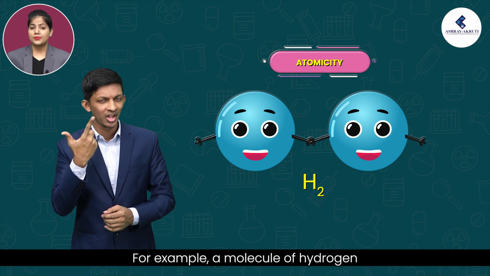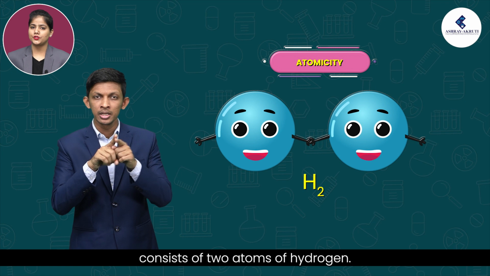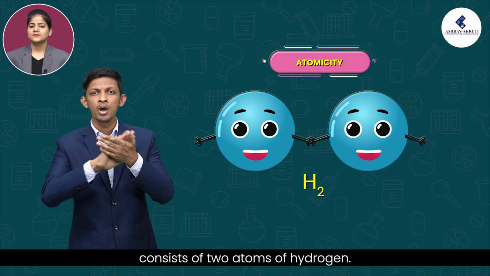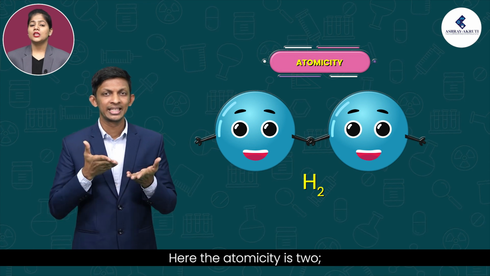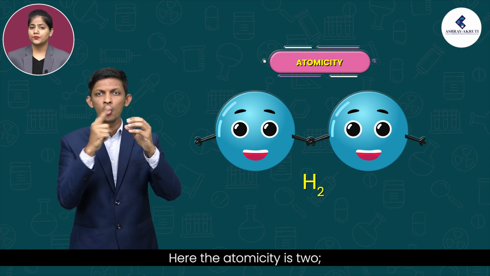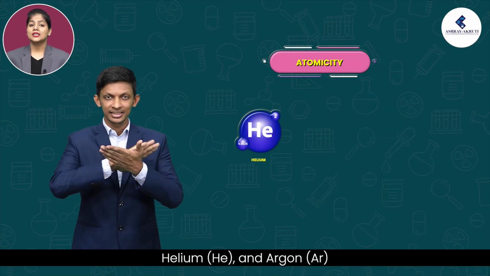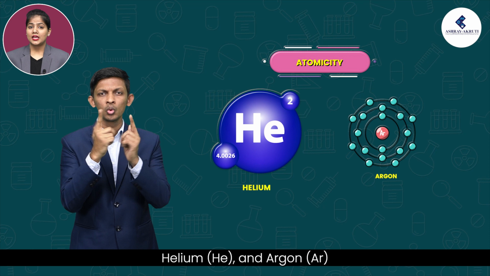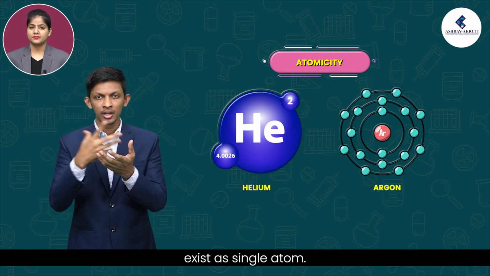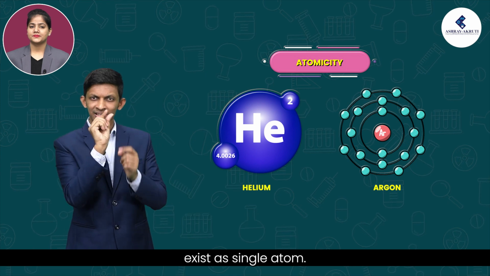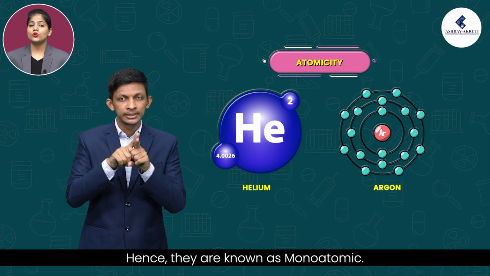For example, a molecule of hydrogen consists of 2 atoms of hydrogen. Here the atomicity is 2, hence it is diatomic. Helium He and argon Ar exist as single atom. Hence, they are known as monoatomic.